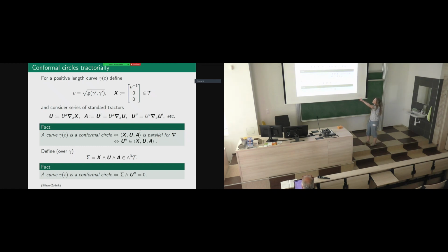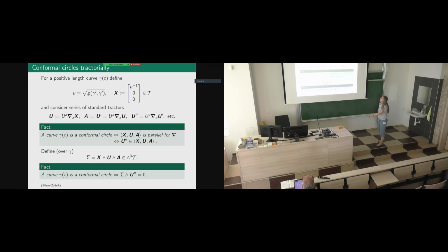What can be proved is that the curve is a conformal circle if the bundle spanned by the first three tractors in the sequence is parallel for the tractor connection, which is basically the same as saying that U with two bars, the fourth one, belongs to the span of the first three. Having this, we can define this tractor sigma.